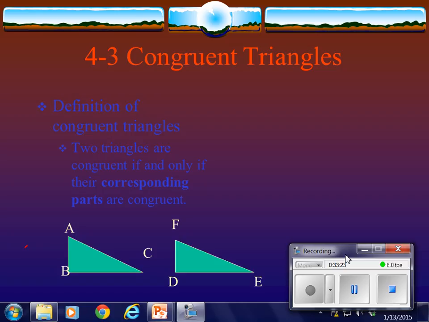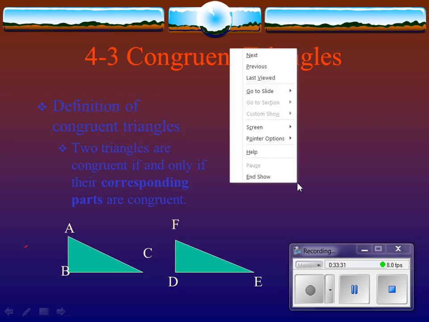So what this is saying in this picture, these two triangles are congruent if and only if all the parts that correspond are congruent.